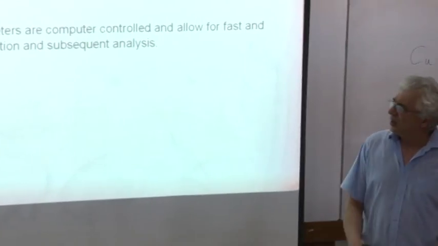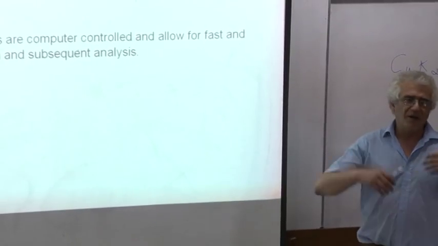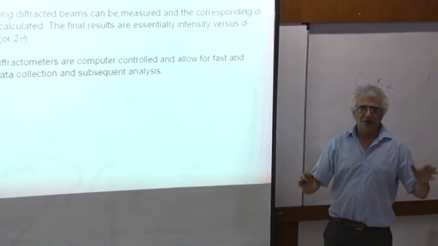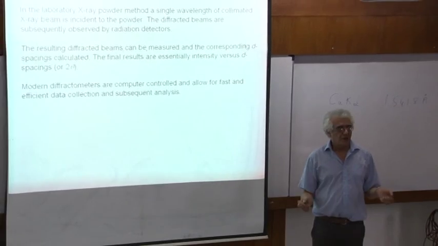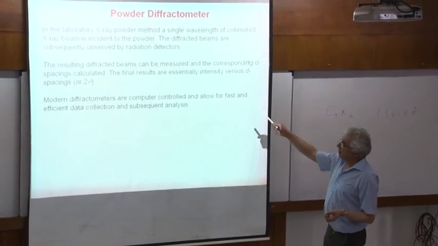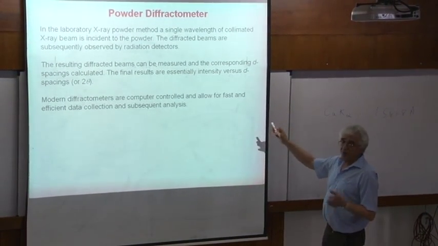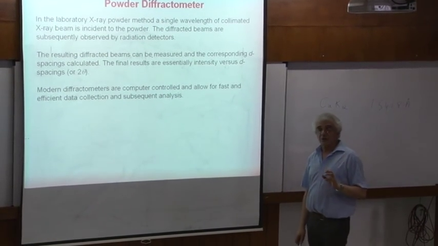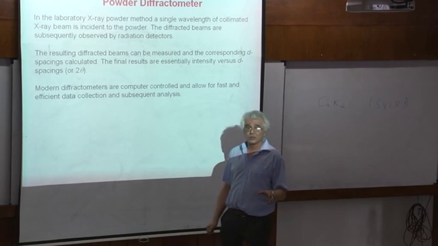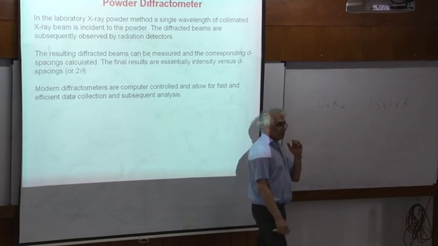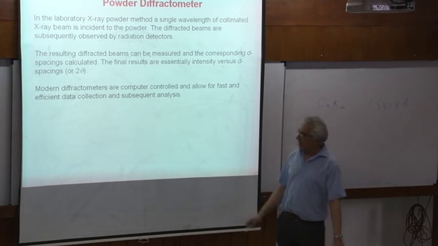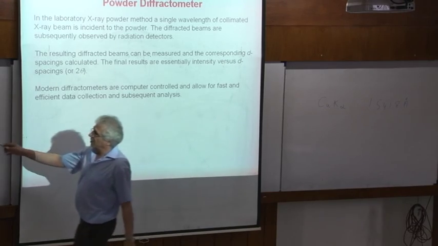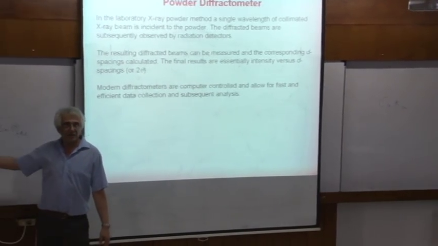X-ray tube. I won't talk about the X-ray tubes. You can look that up in most textbooks. But in this experiment, you have this constant wavelength. In other experiments, for example on synchrotrons, you sometimes keep your angle constant and you vary the wavelength.